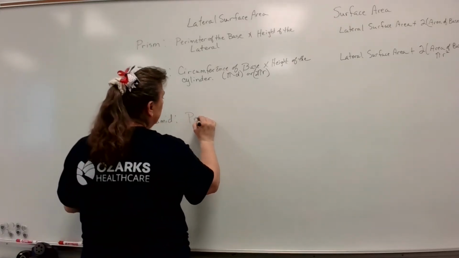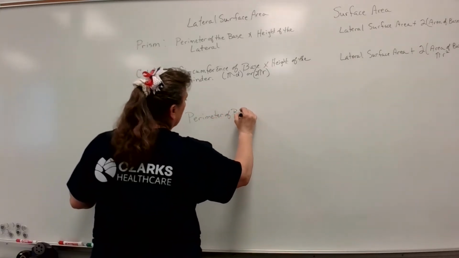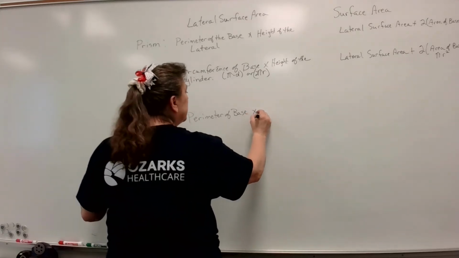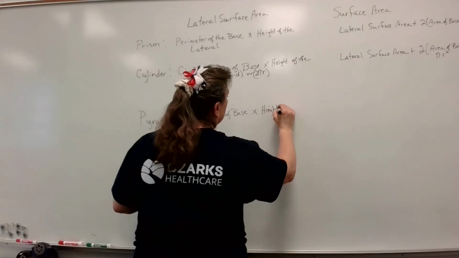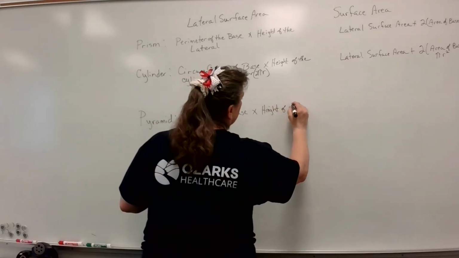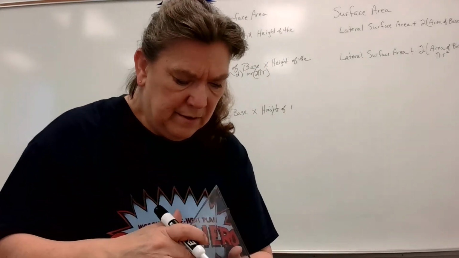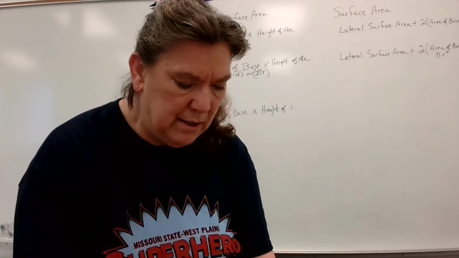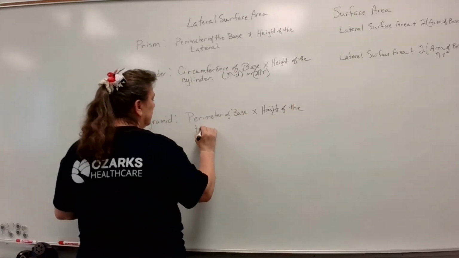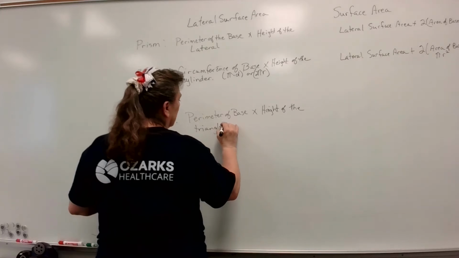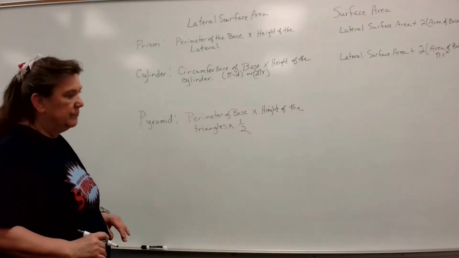The perimeter of the base times the height of the triangles of the sides, okay? Times 1/2, because you're going to have half of that amount, okay?